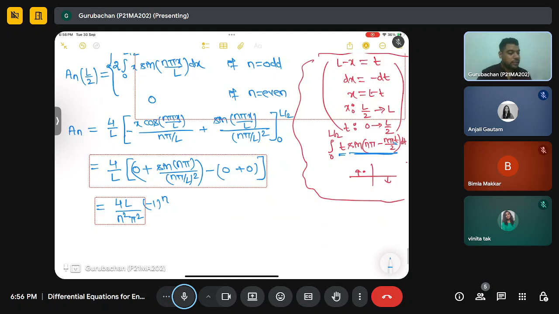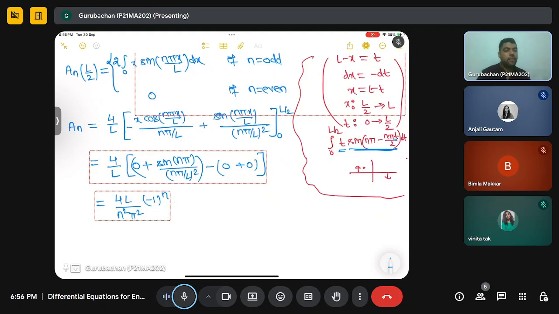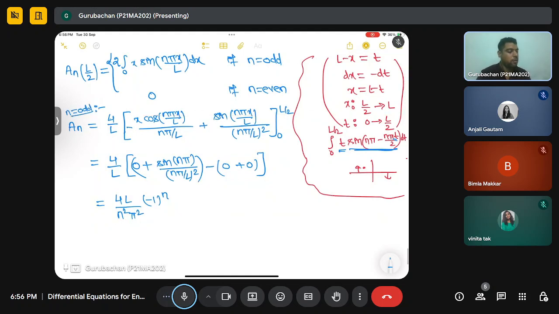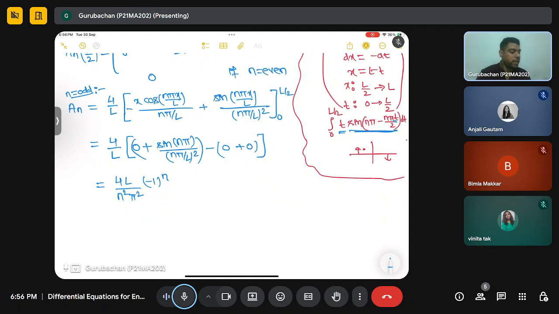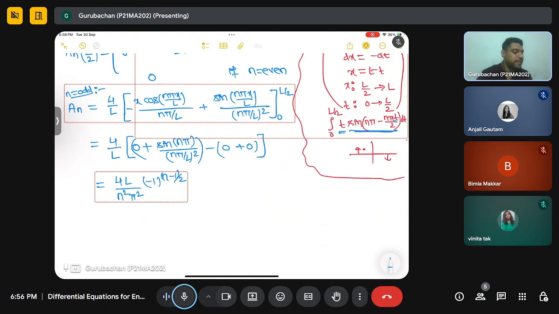So we are already dealing with the n equal to odd case. Okay, so in the odd case, n is some odd number, so this has to be divided in a further manner.